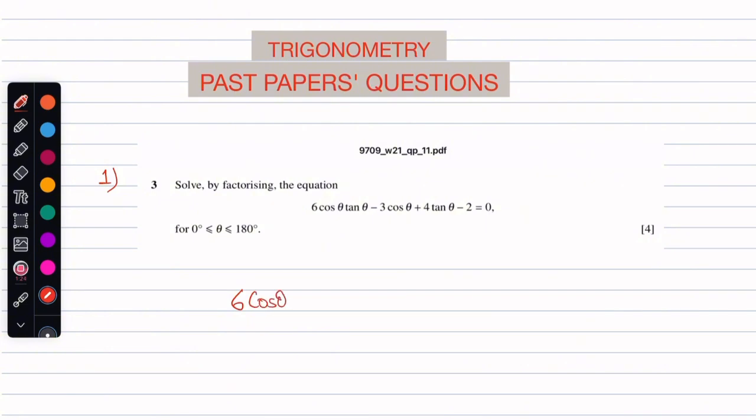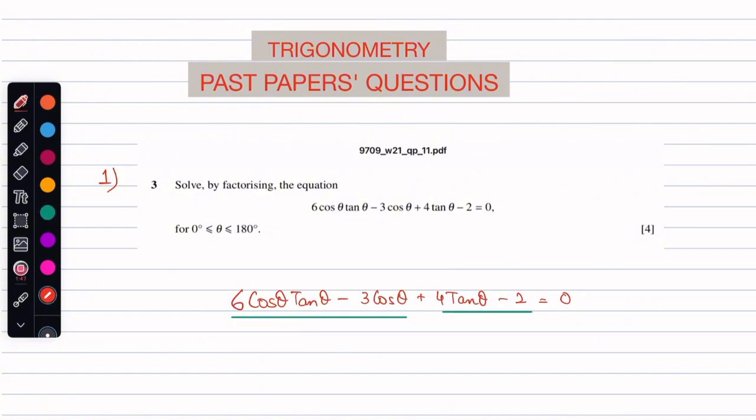So we have 6 cos theta tan theta minus 3 cos theta plus 4 tan theta minus 2, this is equal to 0. We have 4 terms in this equation. Therefore, I shall be grouping the first 2 terms and the third and the fourth term.